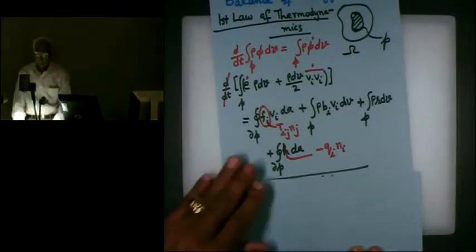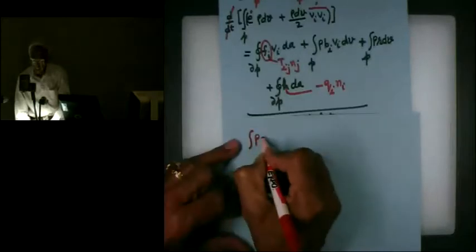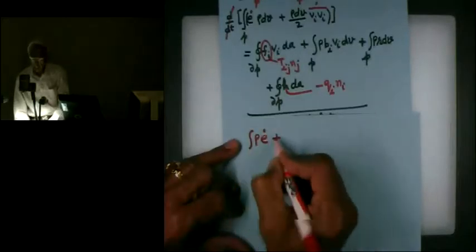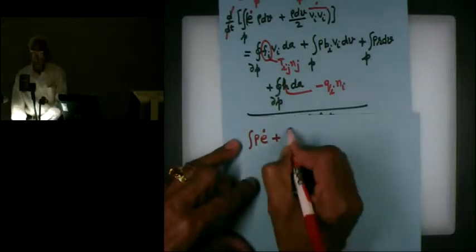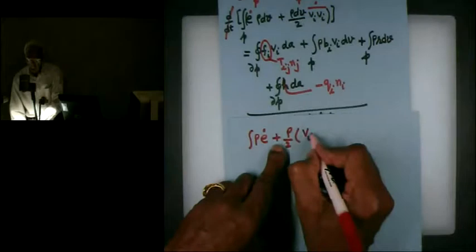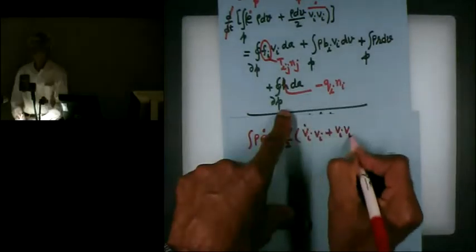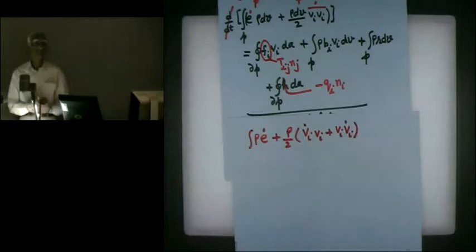Okay, so on the left hand side we have done rho E dot plus rho over 2. If we differentiate this, we get Vi dot Vi plus Vi Vi dot, the chain rule of calculus.